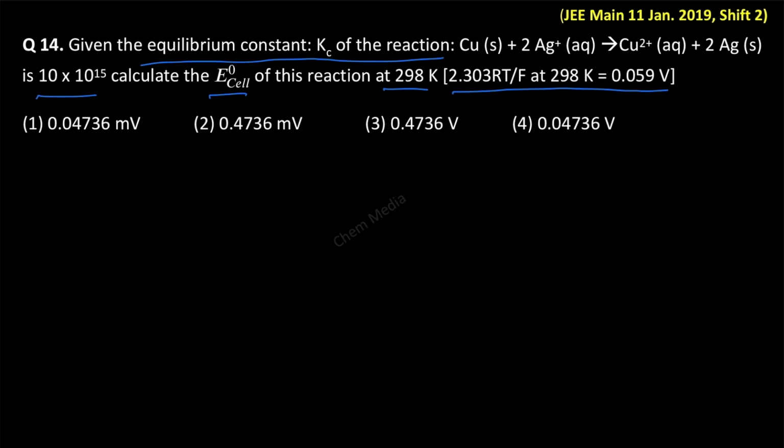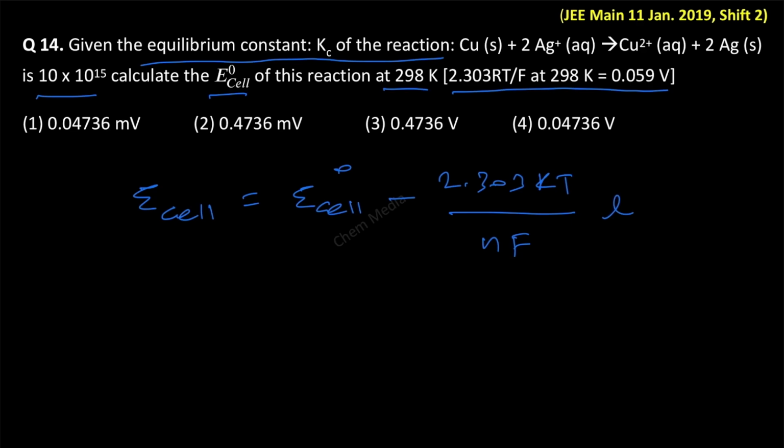We know that Nernst equation is Ecell is equal to Ecell standard minus 2.303 RT by nF log Q. Q is the reaction quotient. We also know that at equilibrium, Kc is equal to Q.